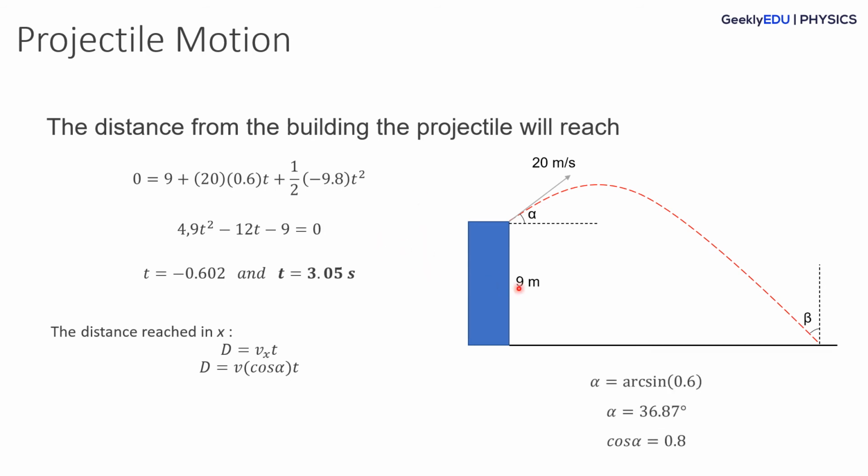Well, we already know the sine of the angle, so we can find the angle itself and then the cosine of the angle, which is 0.8. Adding the values to the formula, we have the velocity 20 times the cosine of alpha 0.8 times the total time to touch the ground, which is 3.05. Solving this, we have a distance of 48.8 meters.